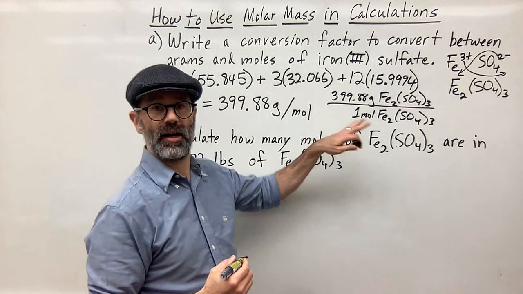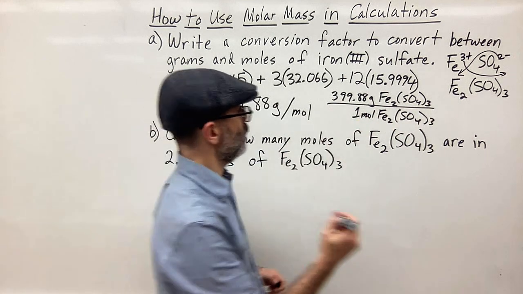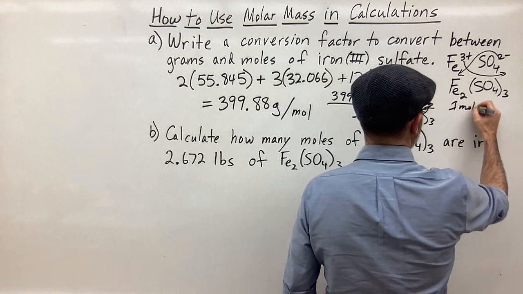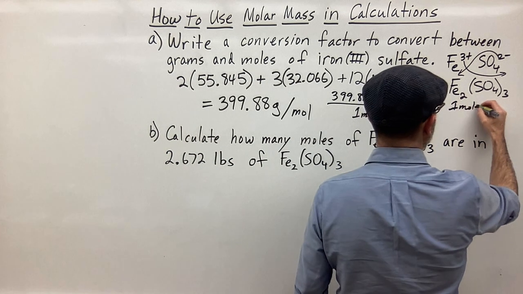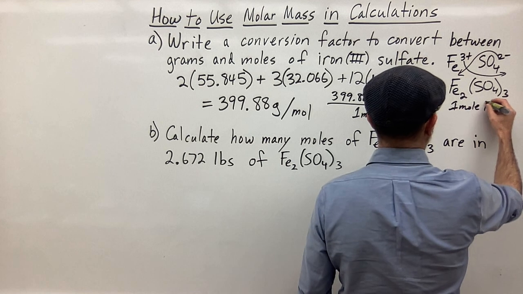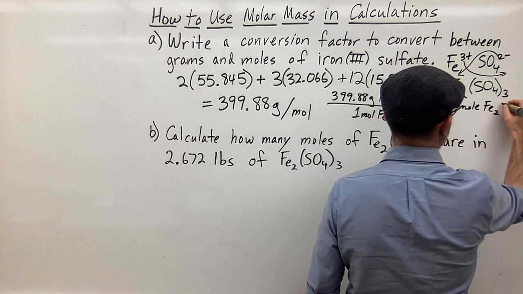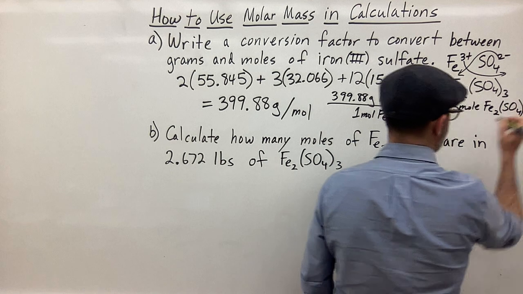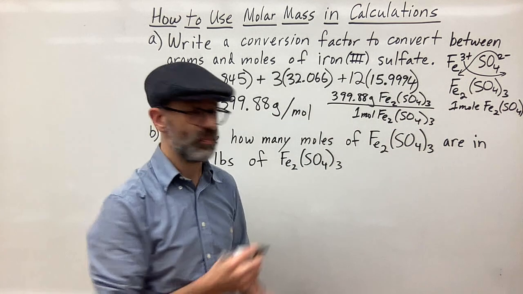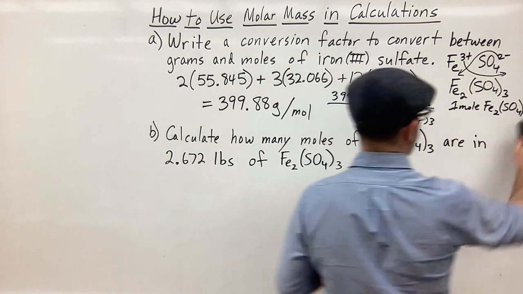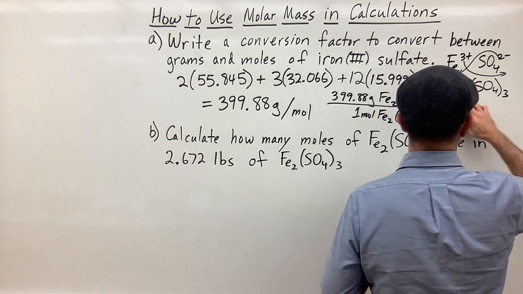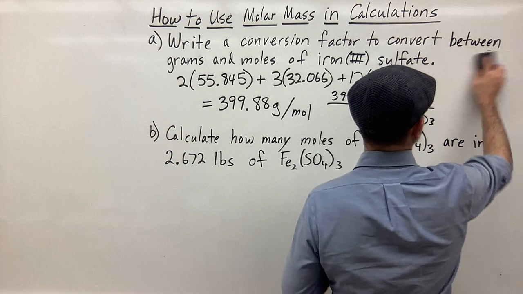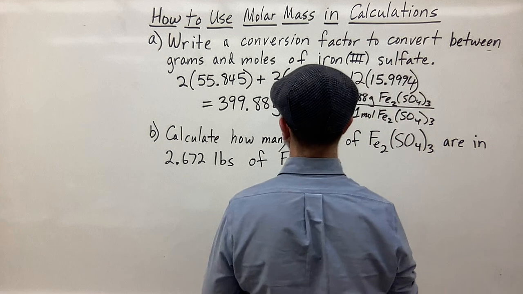So I can have the moles on top. So I can have 1 mole of the Fe2(SO4)3. Oops. Maybe I should give myself some room. So let me erase this, give myself some room.